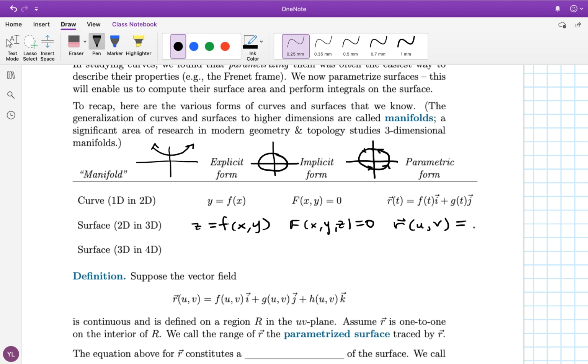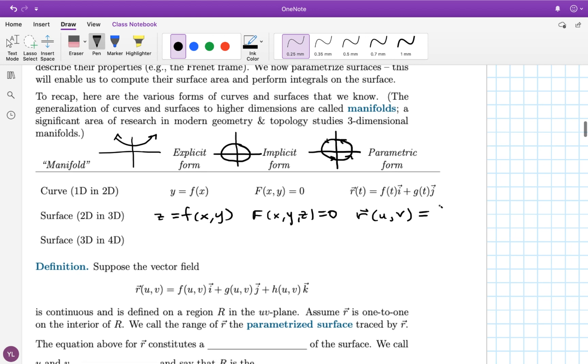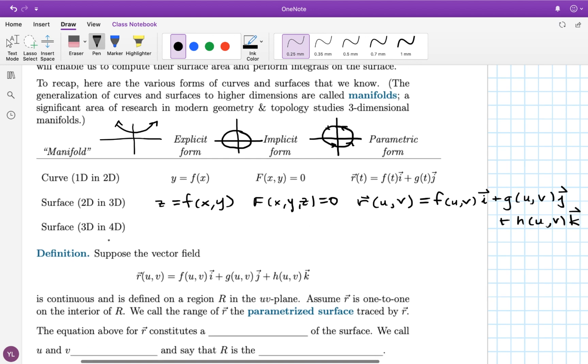Well, you are expressing an object in 3 dimensions, so the points specified on that surface are going to have x, y, and z components, and each of those components depend on the 2 parameters. So your x component depends on u and v, y component as well, and z component.